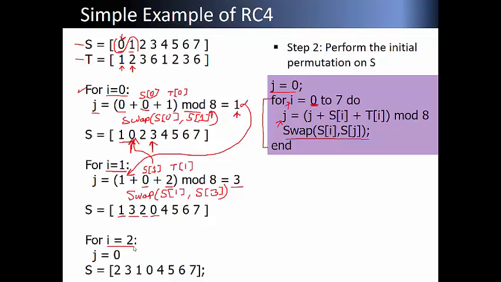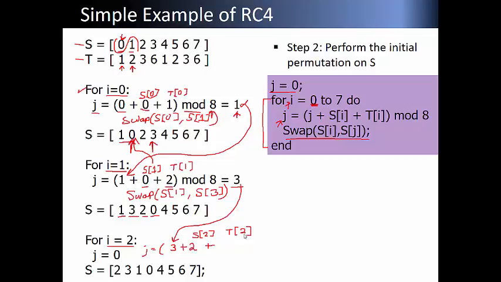And then third, which is i equals 2. And then j can be computed in the same way. j equals, what is the current j? Current j is 3. So we need to plug 3 here. Plus S of i, which is S of 2, and T of 2 needs to be plugged in, right? So S of 2, come back here, 0, 1, 2, there is 2, so number 2 here.